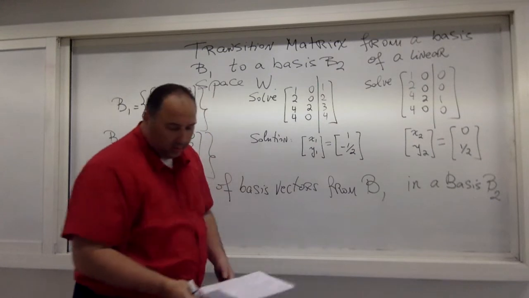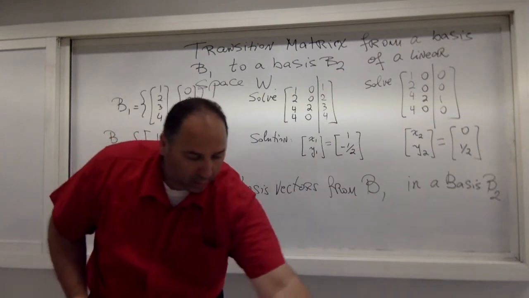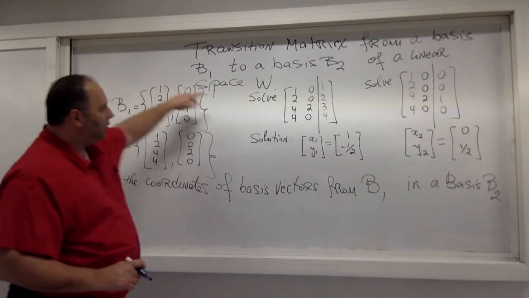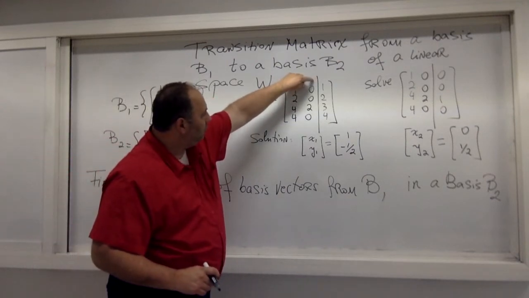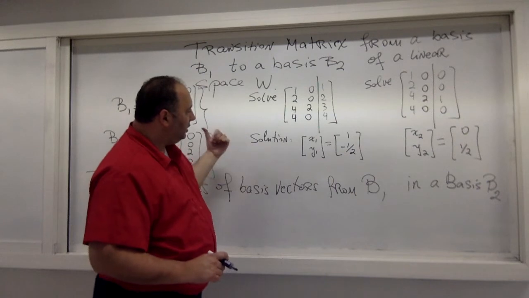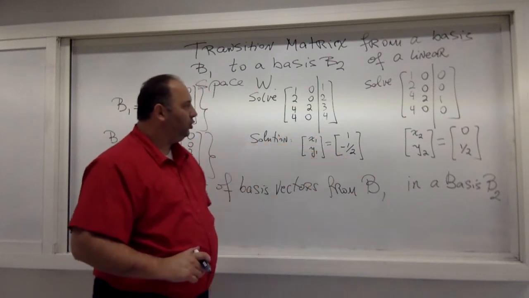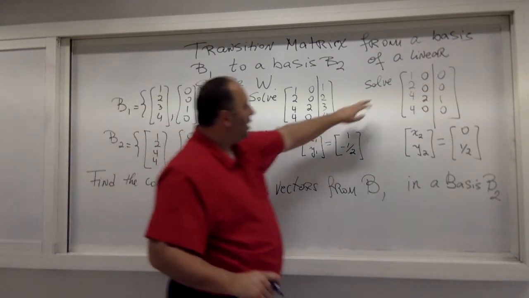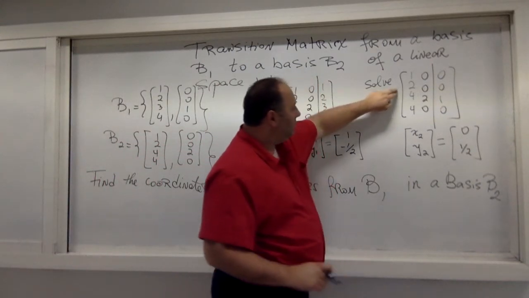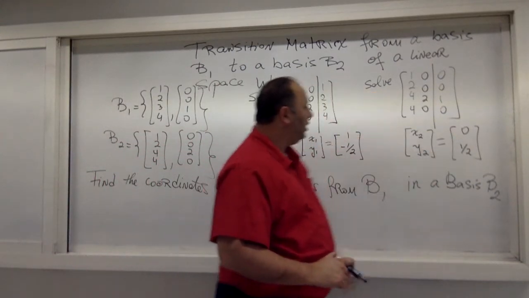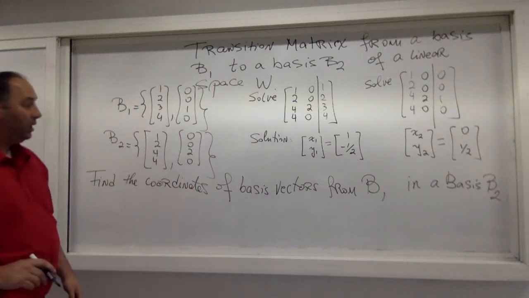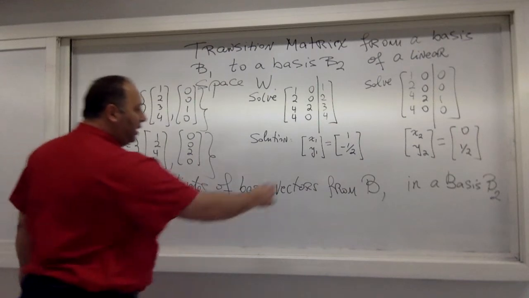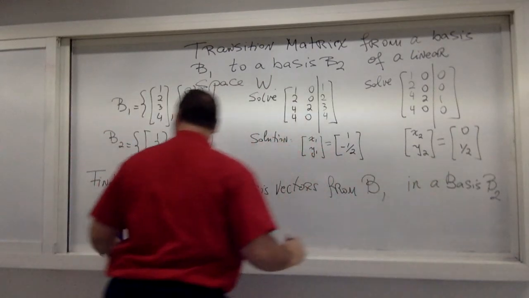So what this means is that the coordinates of this basis vector, given by the solution of this system, in basis B2 are 1 and negative 1 over 2. Coordinates of the second basis vector are given as a solution of this system and are 0 and 1 over 2. So the transition matrix is actually given by these two columns.